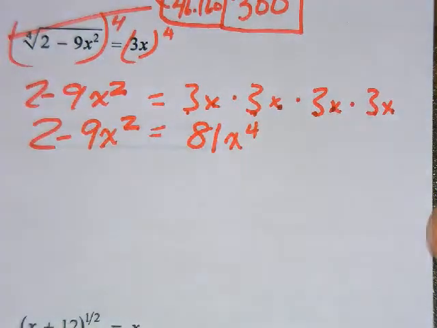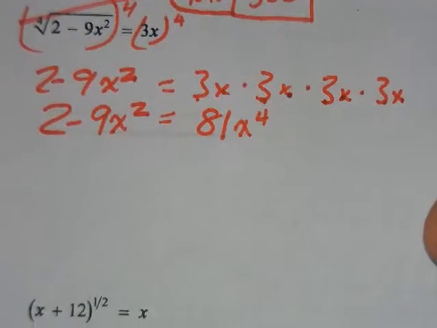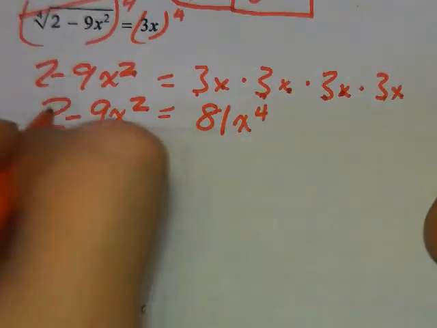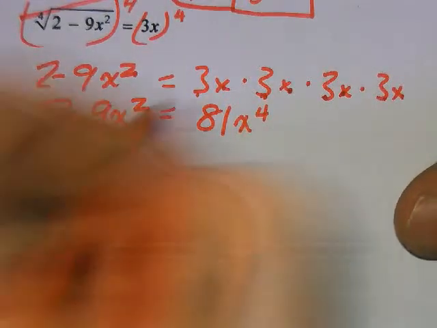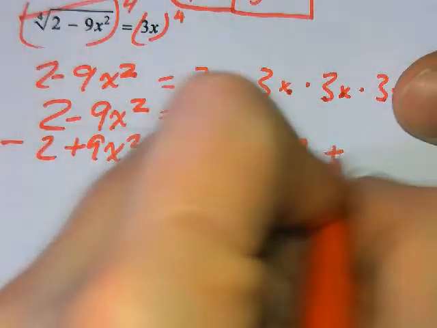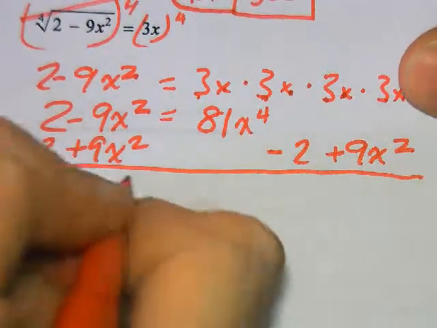From here, I want to get everything isolated so that it equals 0. And I get 0 equals 81x to the 4th plus 9x squared minus 2.